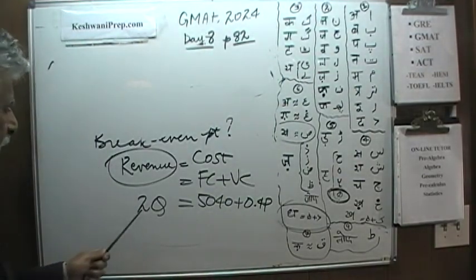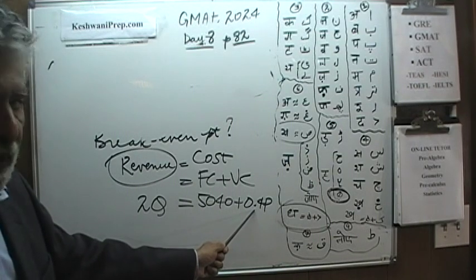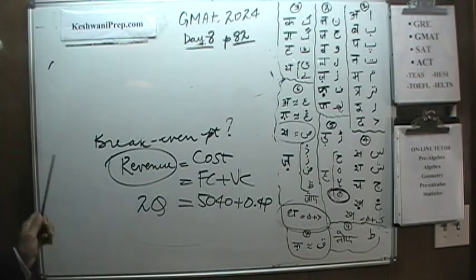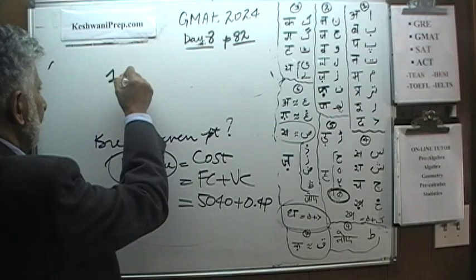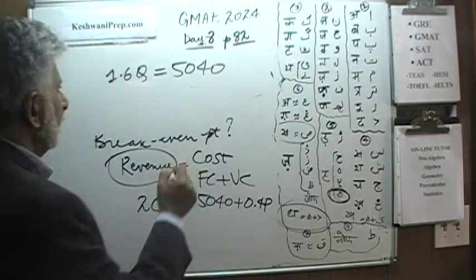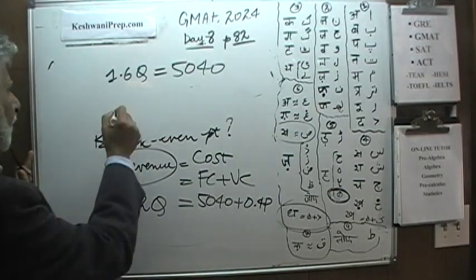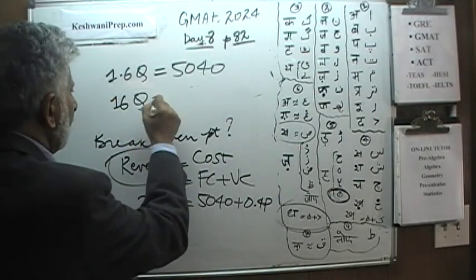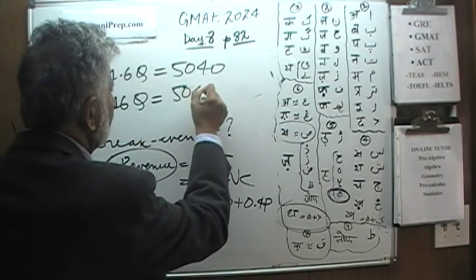It's very straightforward. 2Q, and here we have 0.4. If we subtract 0.4 from both sides, we're going to end up with 1.6Q equals 5040. Let's multiply both sides by 10.